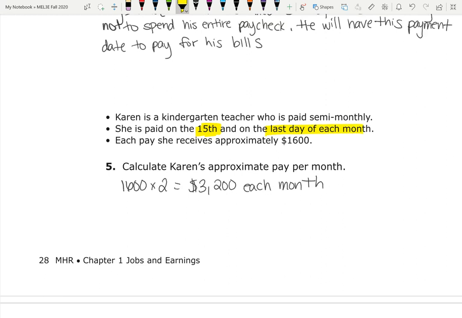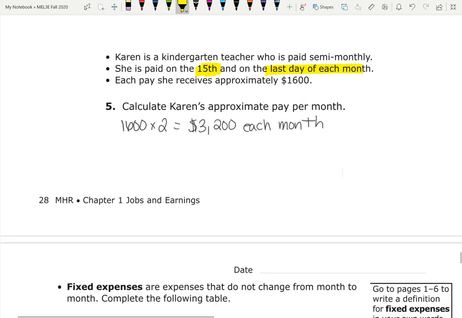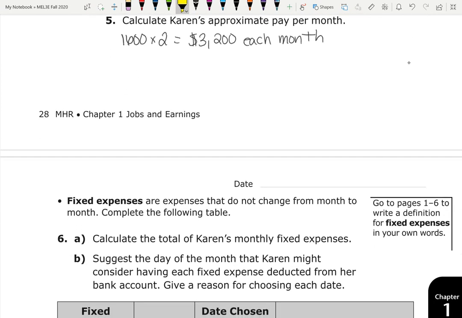So going off of what we've learned so far in this lesson, I want to plan these fixed expenses to be paid when I know that I'm going to have money in my bank account. Remember, fixed expenses do not change. They're coming every month the exact same amount.